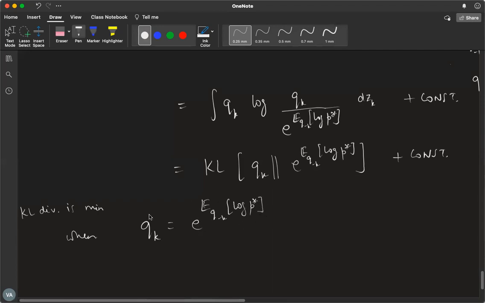This QK is a PDF, and this part is not a PDF because it's not normalized. So you have to multiply it with some constant, or divide it with some Z to make it normalized. But this is the unnormalized form.